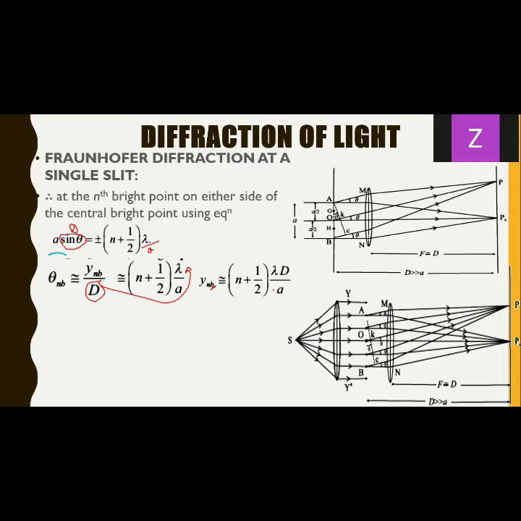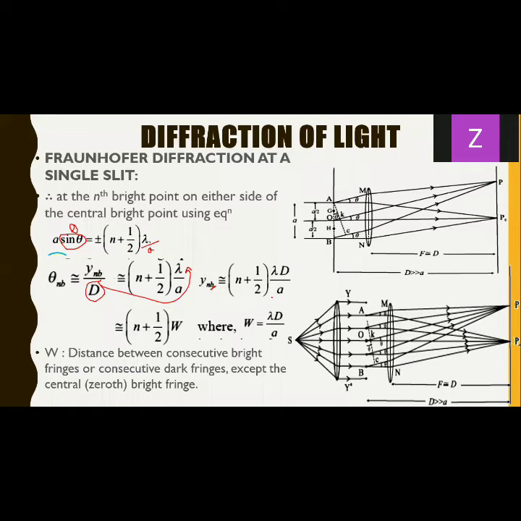Now what exactly is W? W is the width of the consecutive fringes, except the central bright fringe, or zeroth fringe, as we can call it. y is the distance between a certain point, maybe dark or bright, depending on which point we are considering, from the center.